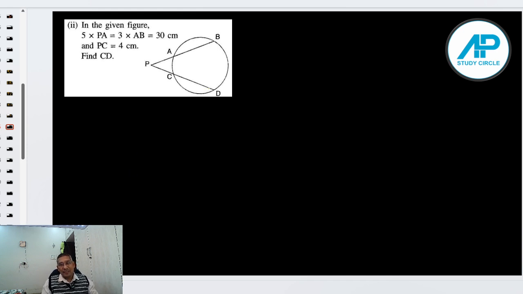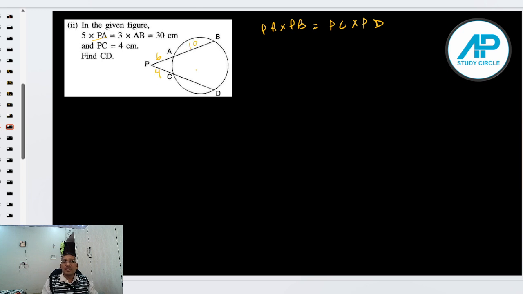So tangents are basically the applications of properties. Here the chords are intersecting outside the circle. PA into PB equal to PC into PD. Now what is the value of PA? 30 upon 5, 6. Value of AP is 10.